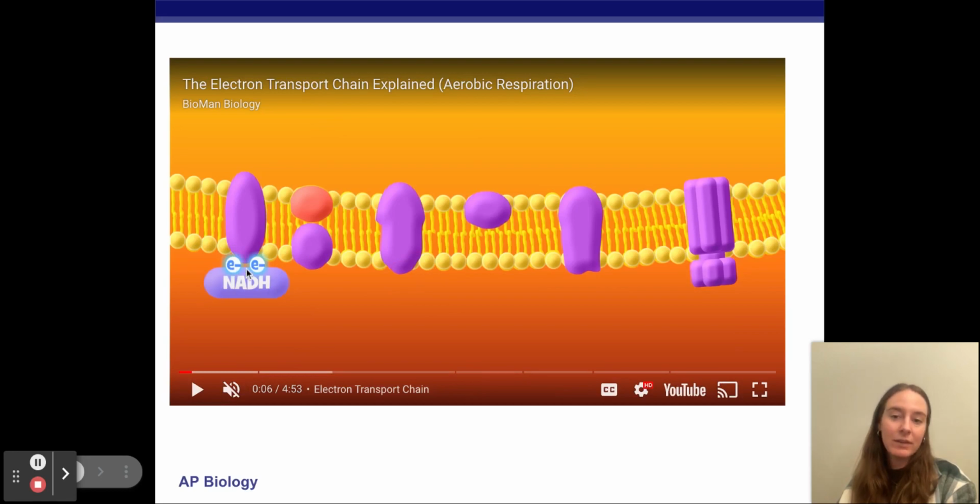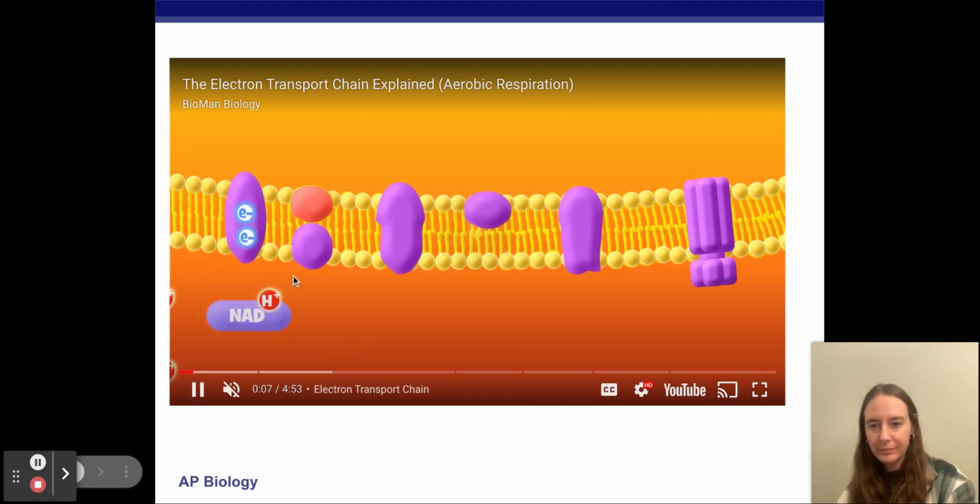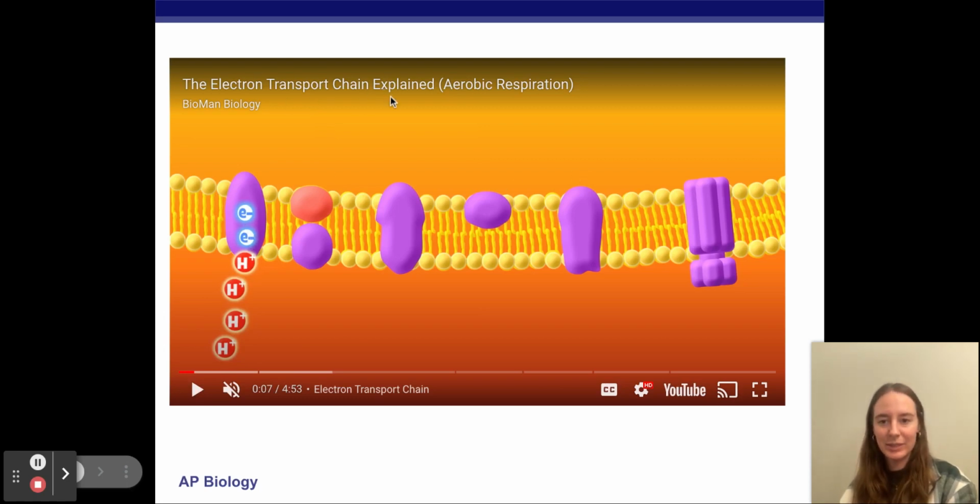Now, our NADHs have 2 electrons that they're going to be releasing. Now, with those electrons go some hydrogens too. So it's going to release these electrons. It's going to lose a hydrogen. Okay. Now, we are going to watch as the electrons are transported in the electron transport chain. Okay. So those 2 electrons came from the NAD and the H.